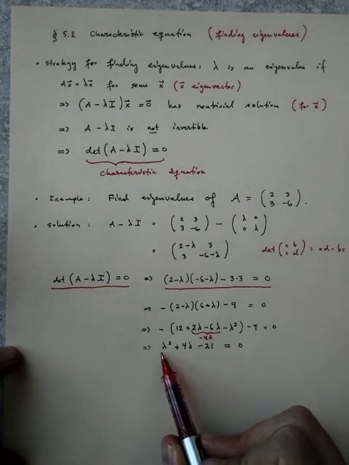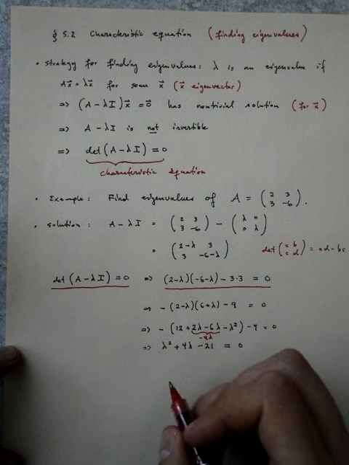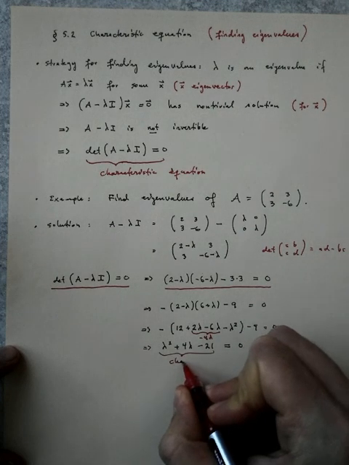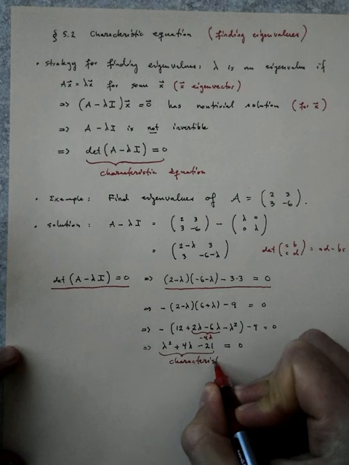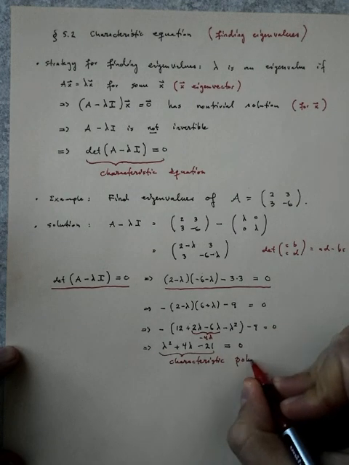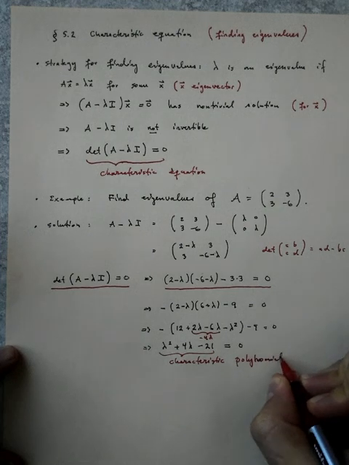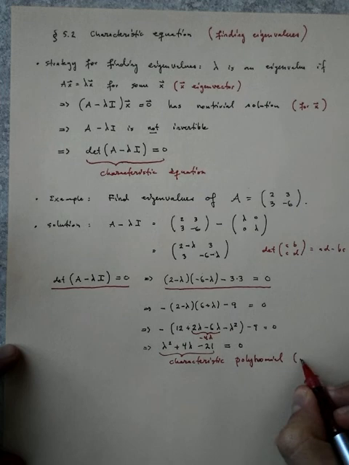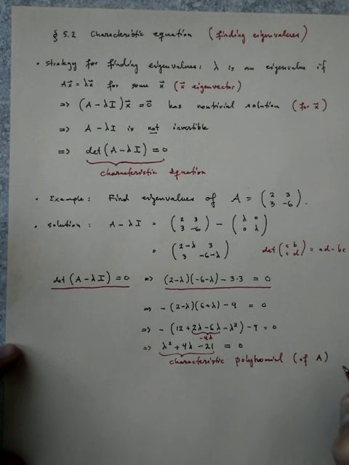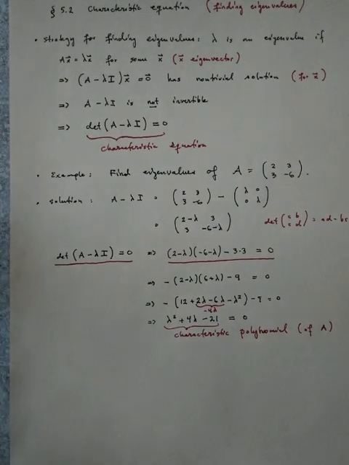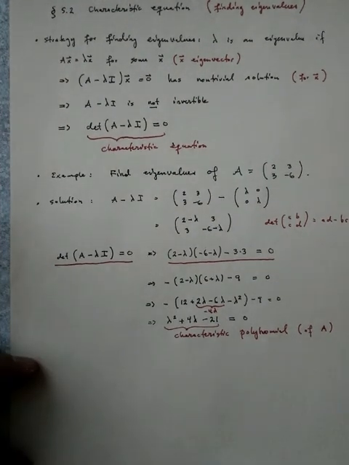Okay, you see that this is a polynomial. And that's always the case. This is called the characteristic polynomial of this matrix A. Okay, so fortunately we can actually factor this.